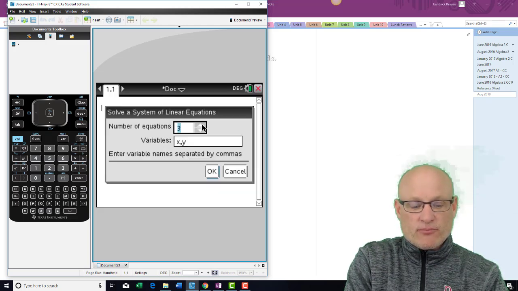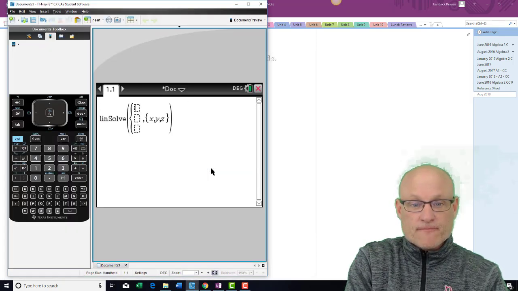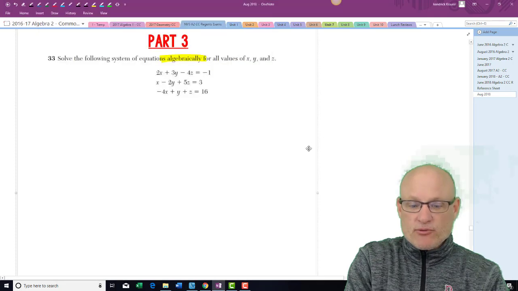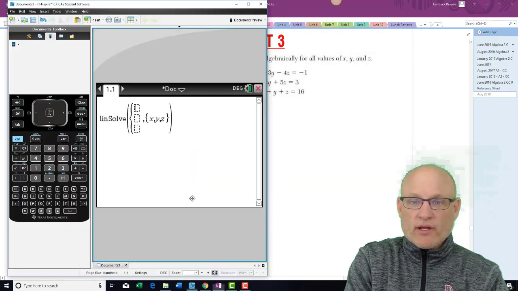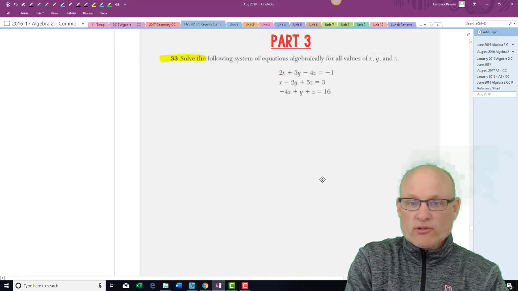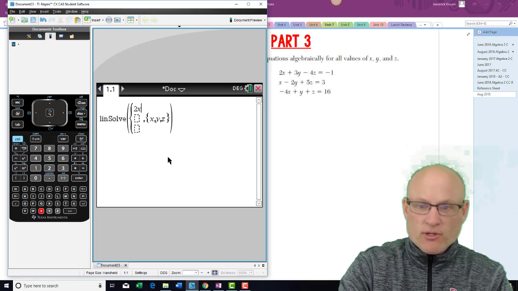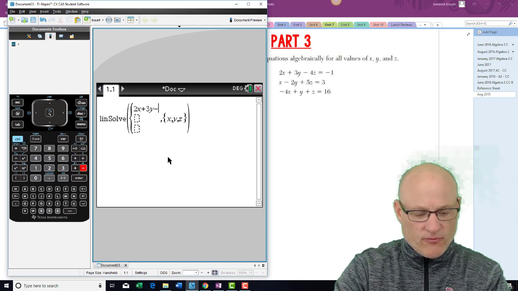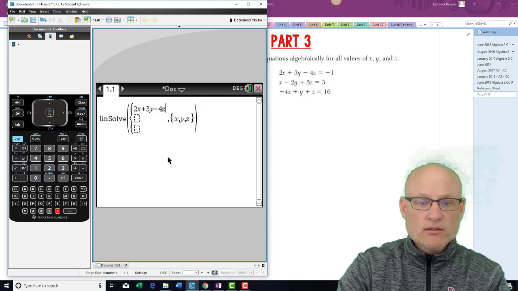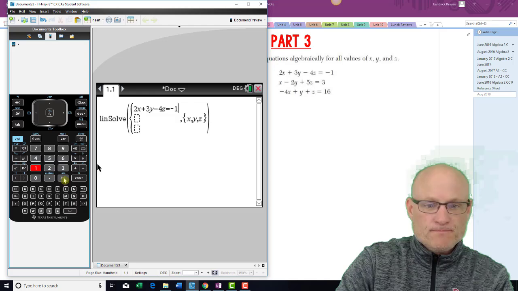I got 3 equations. Press tab. They used x and y, so I'll use x and y. Press OK. So 2x plus 3y minus 4z equals -1.